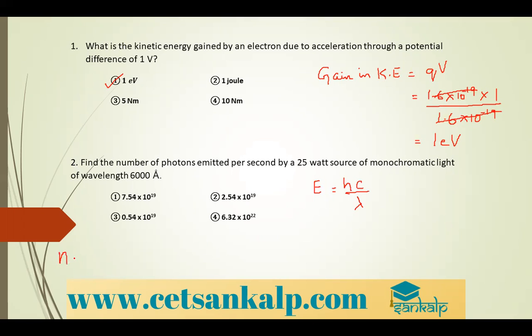Second, you have the formula n is equal to P divided by E, that is power divided by E. So h is 6.62 into 10 to the power minus 34, into 3 into 10 to the power 8, whole divided by lambda, which is 6000 Armstrong, that is 6000 into 10 to the power minus 10. Try it.